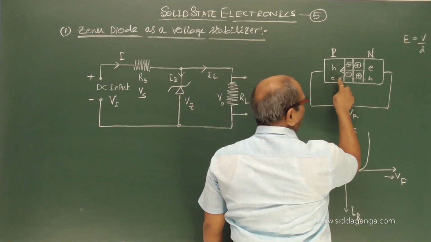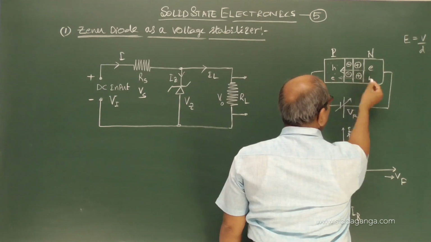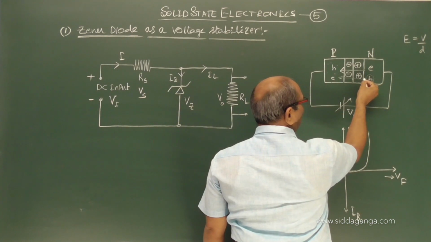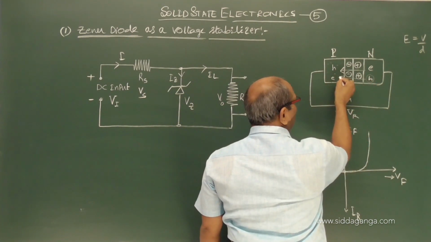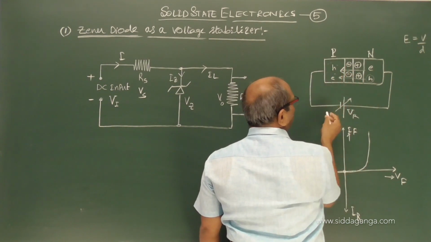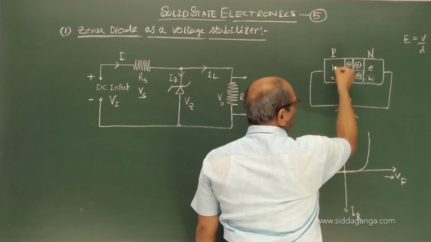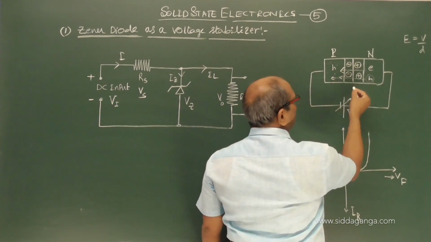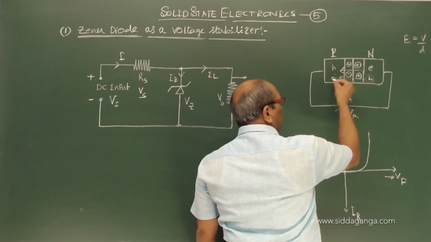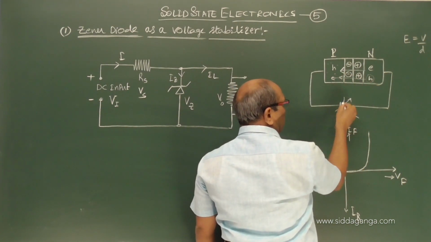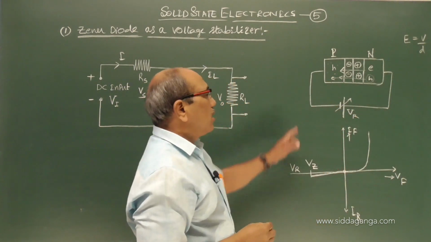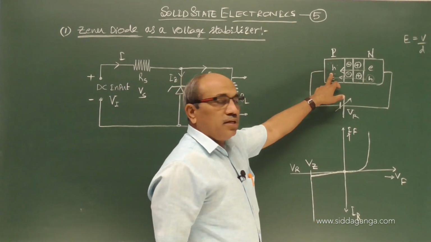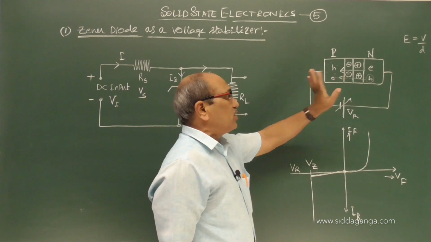Because of the breakdown, holes enter this region, these are the minority carriers, they are pulled towards this, and electrons in this region become large in number and are repelled by this applied potential, and move towards this and combine with holes. Due to minority charge carrier motion under the reverse bias voltage, you will get a sudden increase of current due to the breakdown of the covalent bonds in the depletion layer.